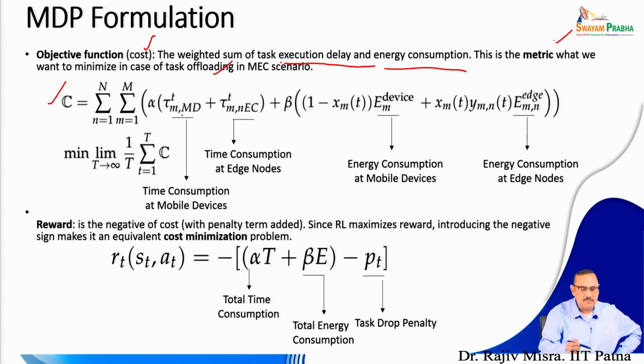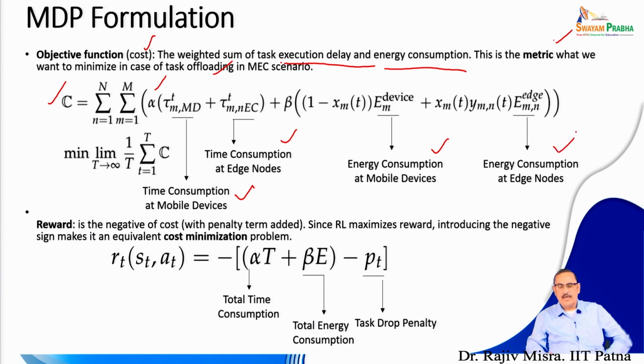The cost function is weighted based on the time consumption at the mobile device, then time consumption at the edge nodes, and then energy consumption at the mobile device and energy consumption at the edge nodes, which are the important considerations here in the objective function for the cost.